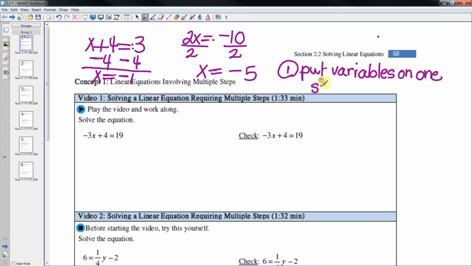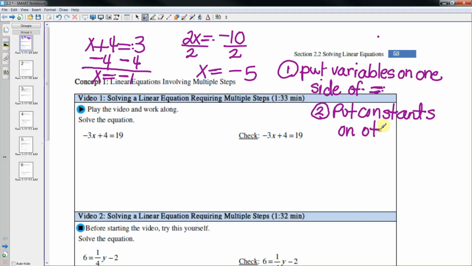So I'm just going to put on one side of the equals, and then we're going to put our constants on the other side, because I really want variables on one side and I want constants on the other. So that's the first thing we're going to do.